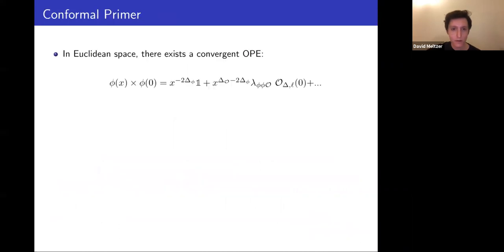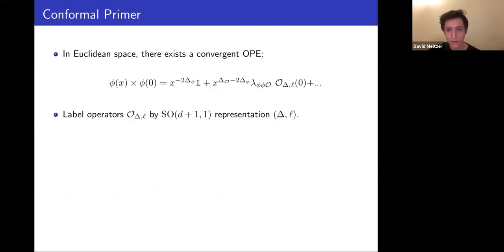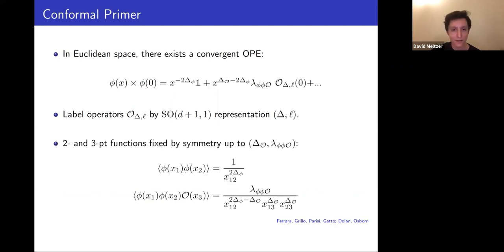I'll very briefly review the CFT basics. So I'll use that in Euclidean space, we always have a convergent OPE. We label our operators by representations of the conformal group. And I'm sure everyone knows that in CFTs, 2 and 3 point functions are fixed in terms of these two sets of numbers.